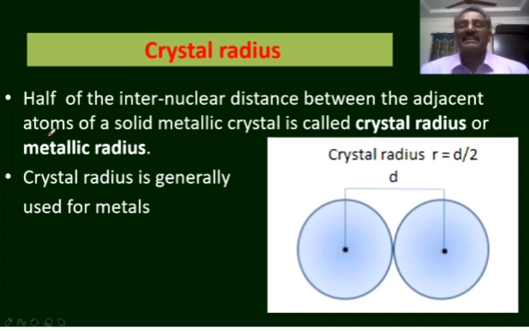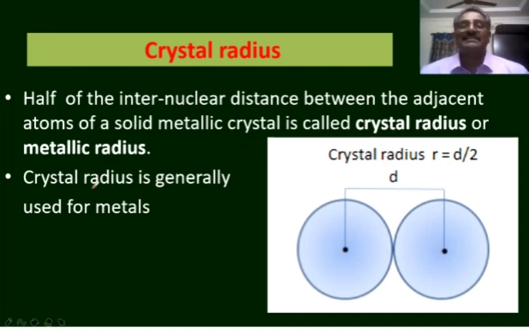In this crystal lattice, the same kind of atoms, that is, atoms of the metal, are arranged one around the other. In this, half of the internuclear distance between the adjacent atoms of a solid metallic crystal is called the crystal radius or metallic radius. The crystal radius is also known as the metallic radius.